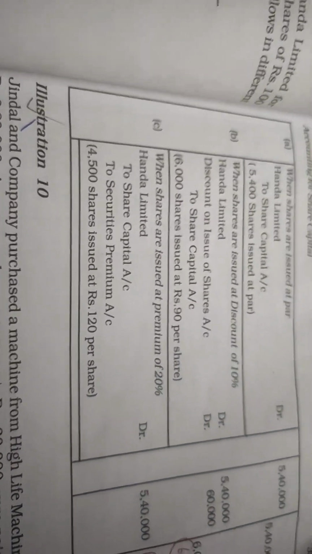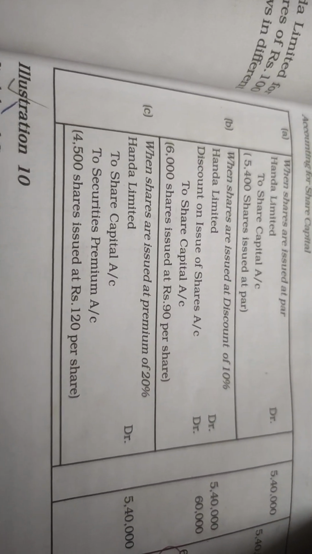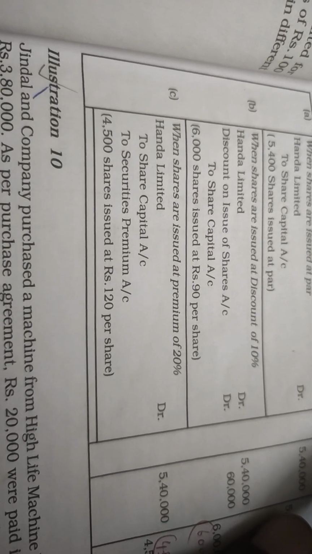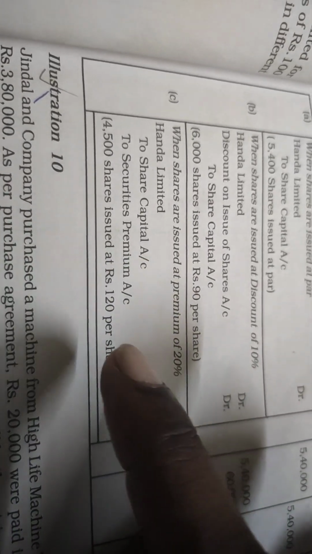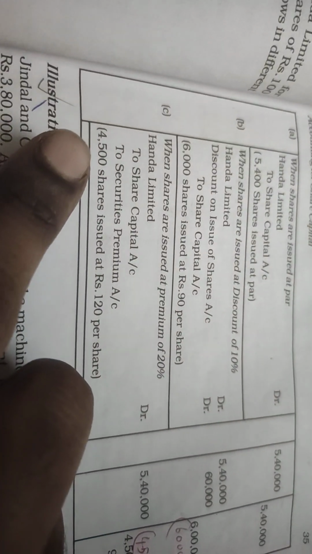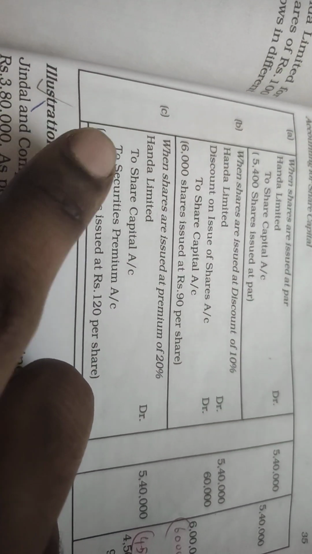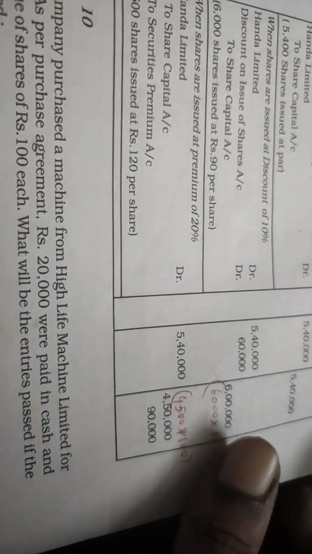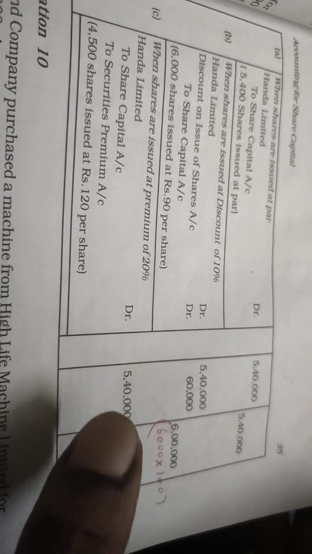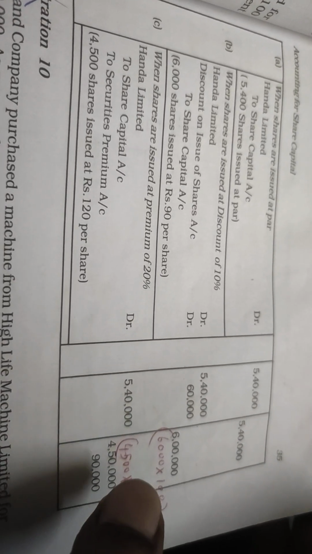Then when shares are issued at a premium of 20%, the entry is Honda Limited account debited to share capital and securities premium account. The 4,500 shares issued at rupees 120 per share. Then multiplying 4,500 into 120 will give the amount as 5,40,000.